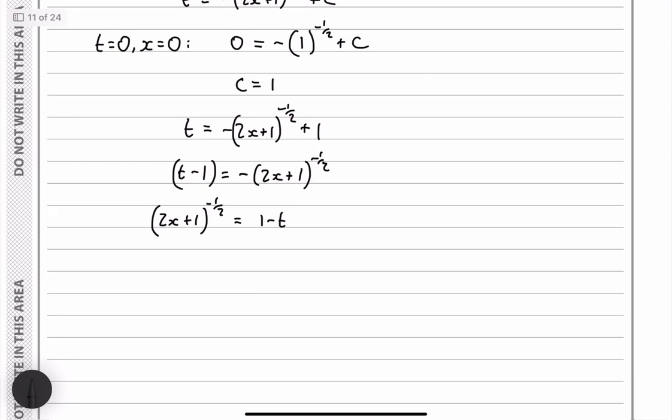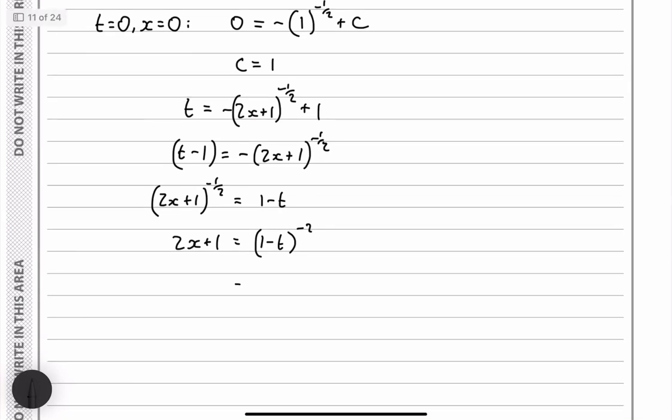And then we're going to bring the index, so that's minus 2, in order to make this 2x plus 1. I'll leave that in index form for now because we're going to differentiate. So we've got 1 minus t to the minus 2 minus 1 for 2x, and then a half for x.